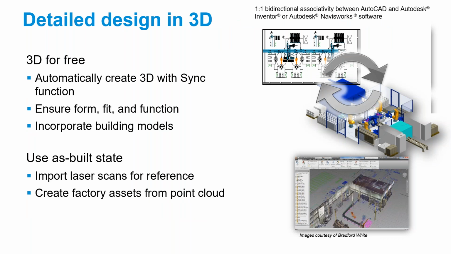Then with the beauty of product design collection, it comes with a set of solutions called factory utilities, which can help you very quickly create a 3D layout out of your 2D layout that you have defined in your AutoCAD Architecture or AutoCAD Mechanical, where it is completely bidirectional in nature.